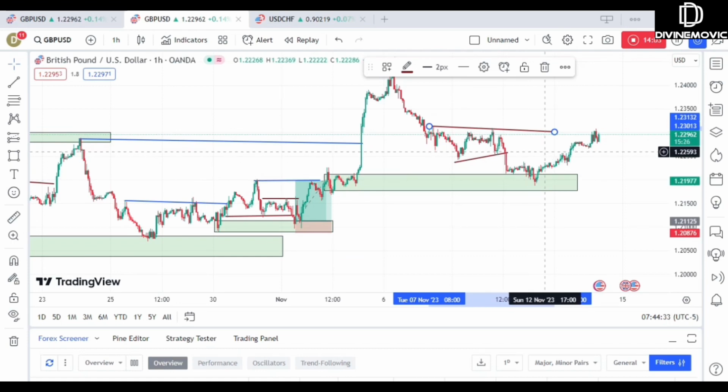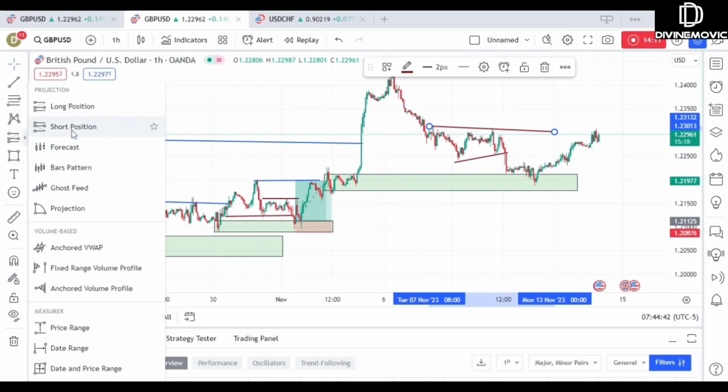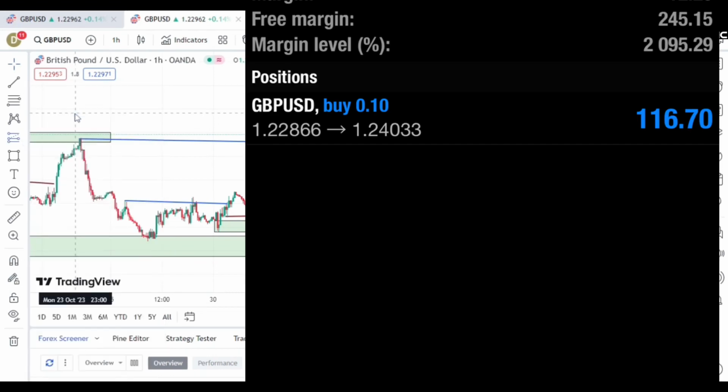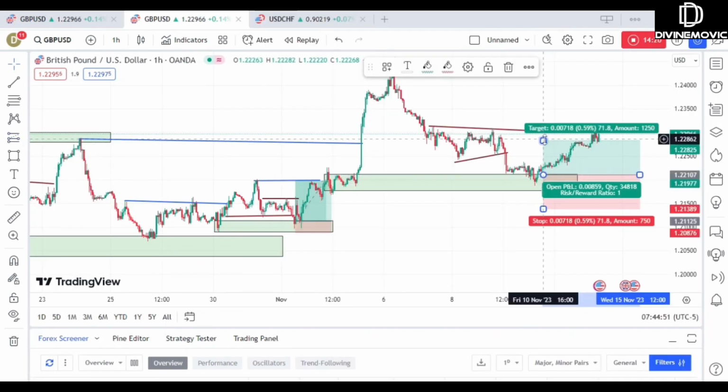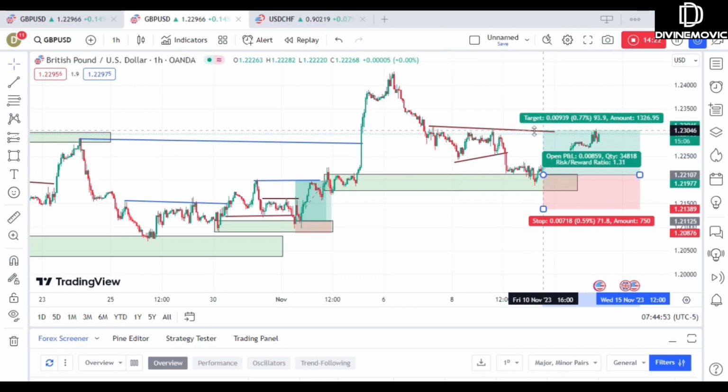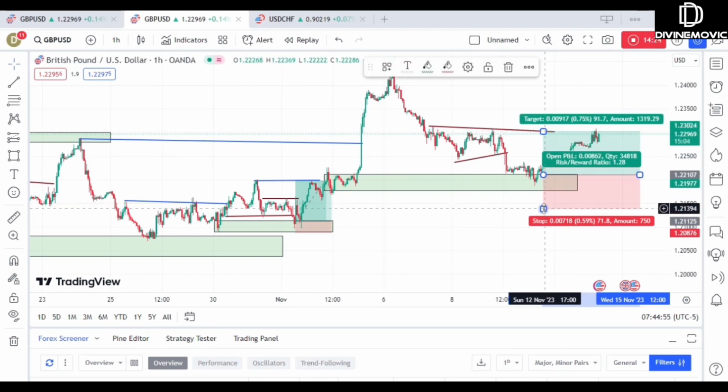I just took it and targeted this liquidity here. That was how I got that buy opportunity. I'll put the screenshot of my trade here for you to see as well. So that's how I targeted this liquidity here.